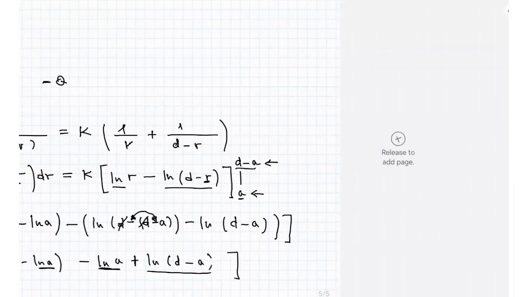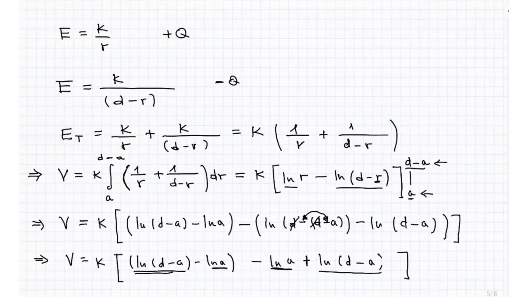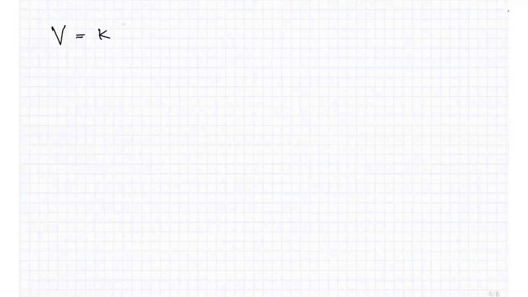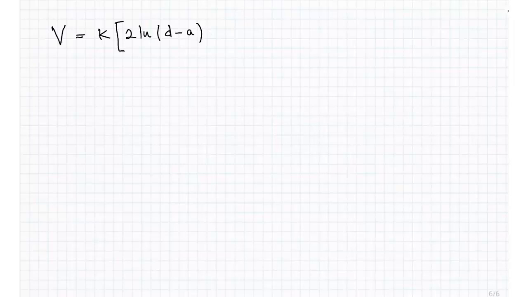So we will have the following expression: V is equal to K times two log of d minus a, minus 2 log of a. I prefer to say log instead of logarithm, it's easier and faster.